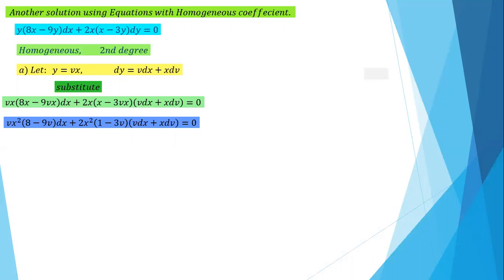Then simplifying, we have vx squared times the quantity of 8 minus 9v dx plus 2x squared times the quantity of 1 minus 3v times the quantity of v dx plus x dv equals 0.